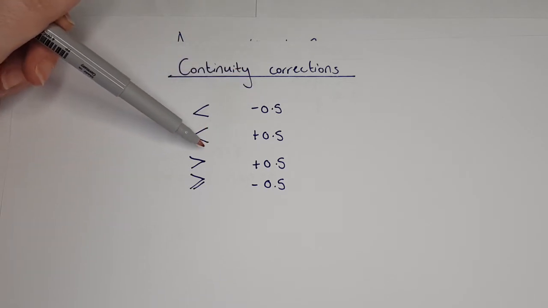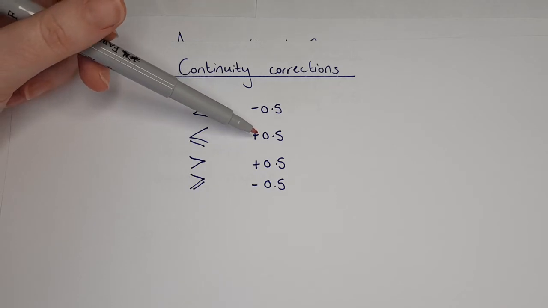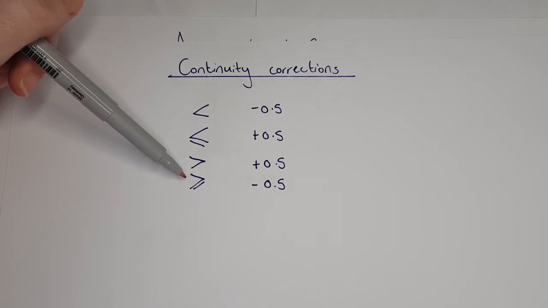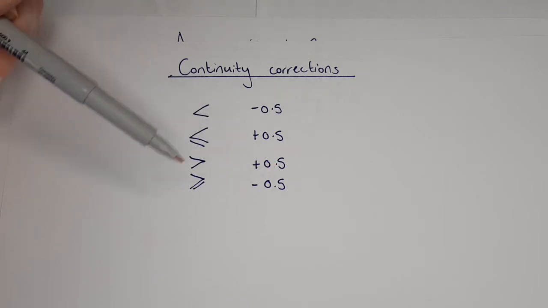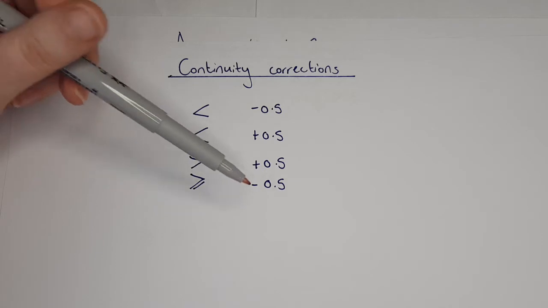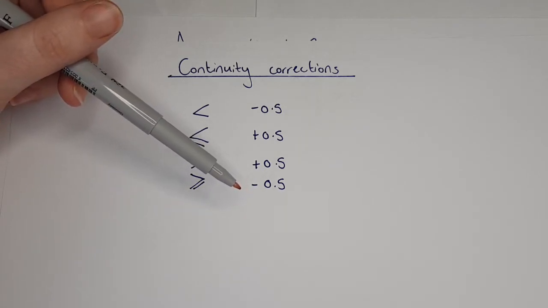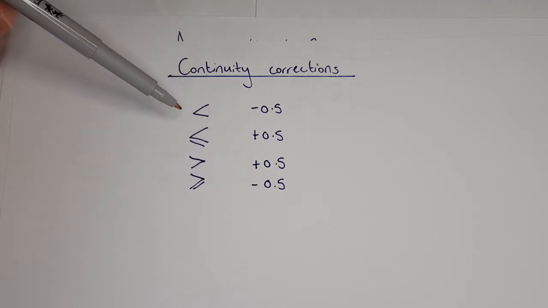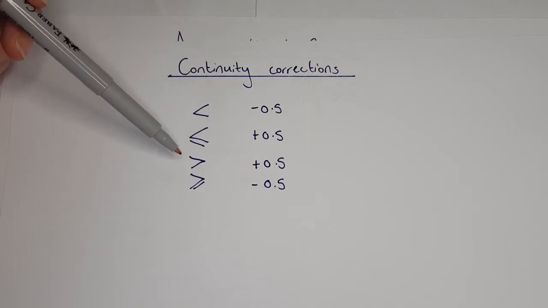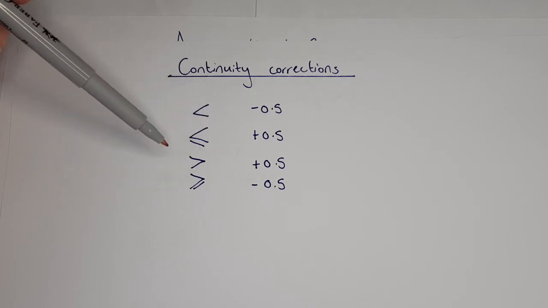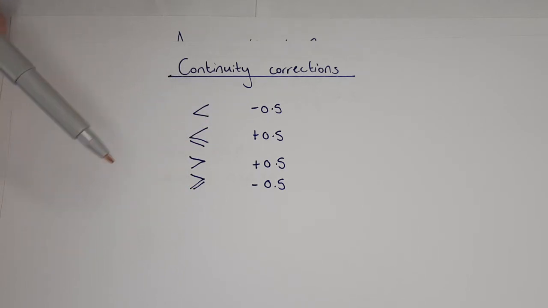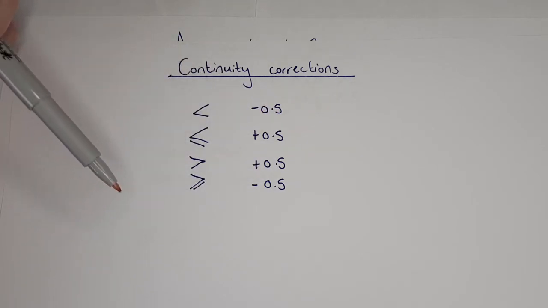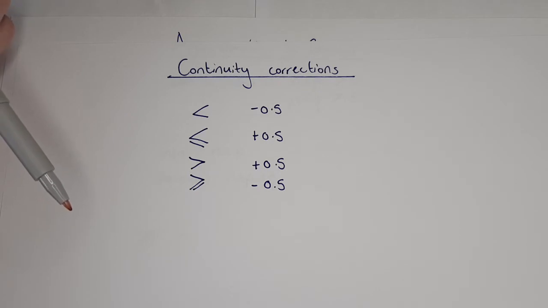If I have less than or equal to, then I'm going to add 0.5 to it. If it's greater than, I'm going to add 0.5. And if it's greater than or equal to, then I'm going to subtract 0.5. I do this to each of my x values depending on what I'm looking for as my second step after I've done my mean and my variance calculations, because only once I've added or subtracted 0.5 can I then standardize my z value.